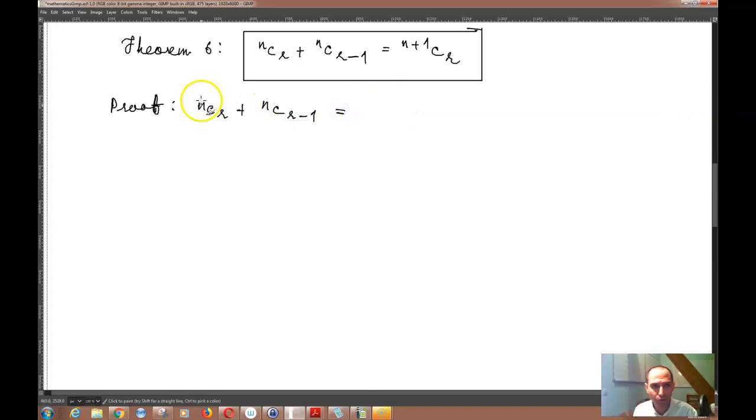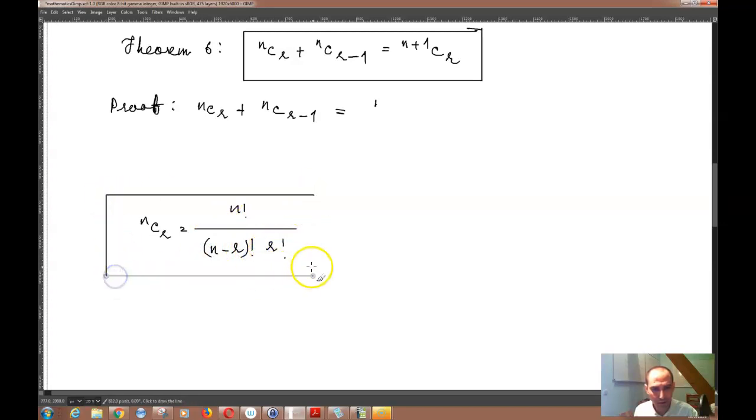Based on the definition of combination, we said that n combination R is equal to n factorial over n minus R factorial times R factorial. That's the formula that we came up with for combination, so I can use it over here.